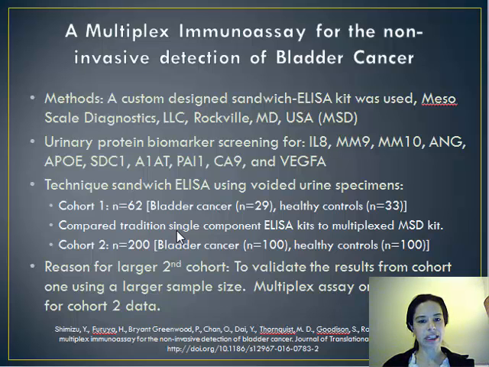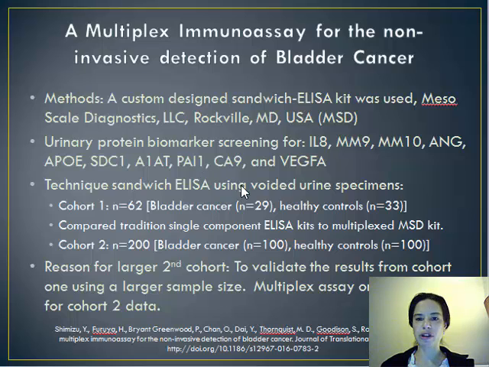So for the methods, there's a company called Mesoscale Diagnostics, LLC, and for this paper they developed a custom-designed sandwich ELISA kit. I'm not going to list all of these, but there were 10 protein biomarkers that they did screen for.